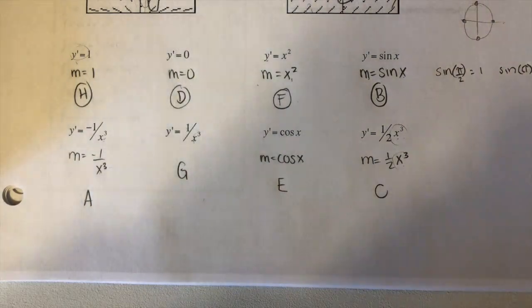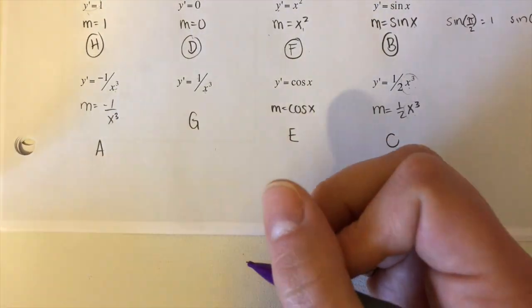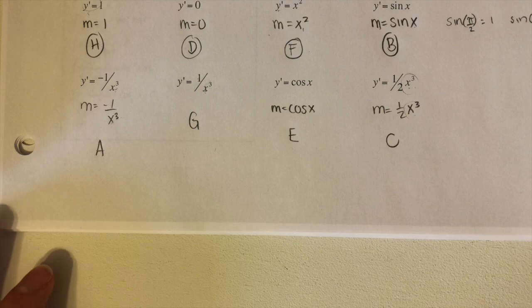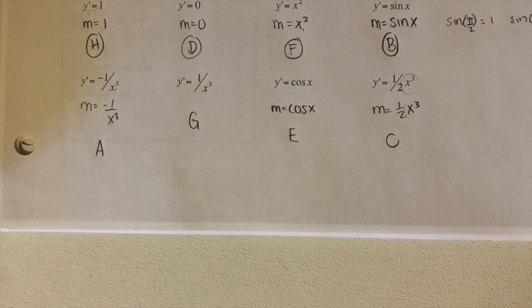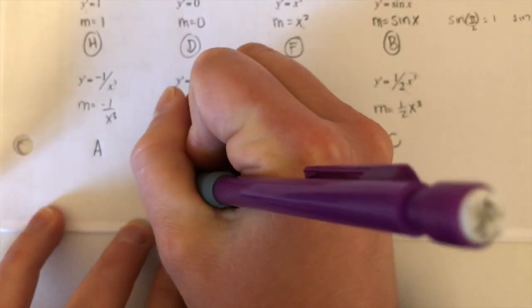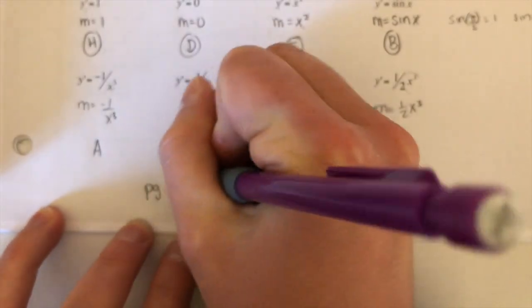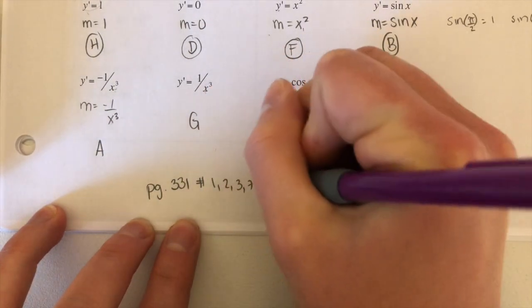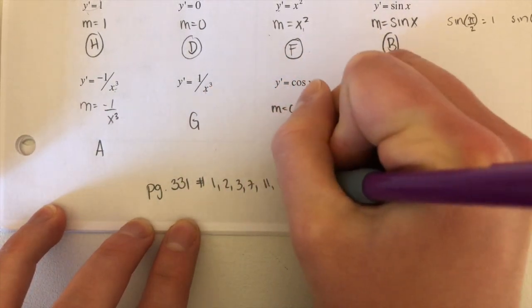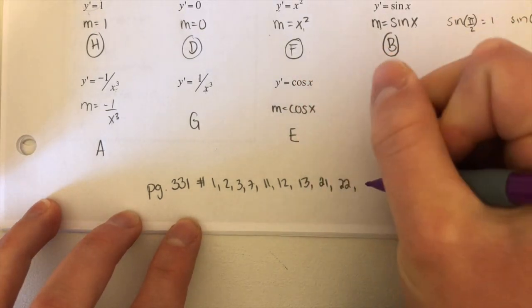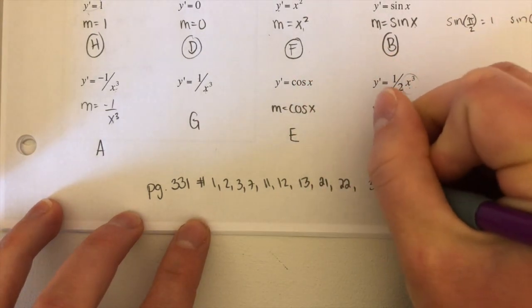Okay. So for today, I want you guys to do, I wrote this at the top, but I don't know if you would have caught it. I want you guys to do page 331, numbers 1, 2, 3, 7, 11, 12, 13, 21, 22, and then 35 to 40.